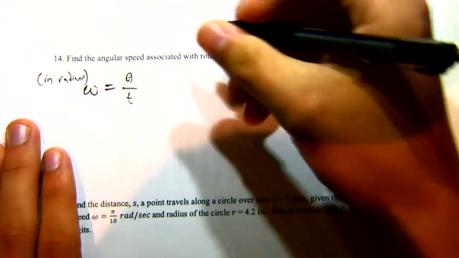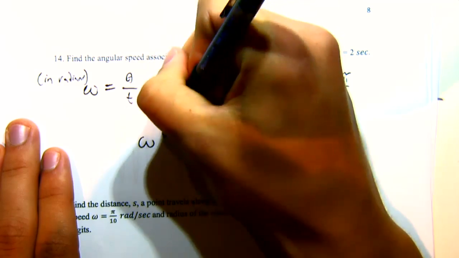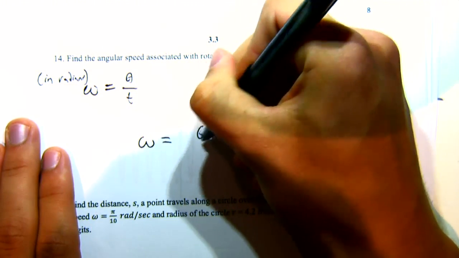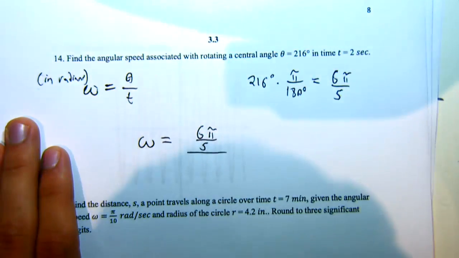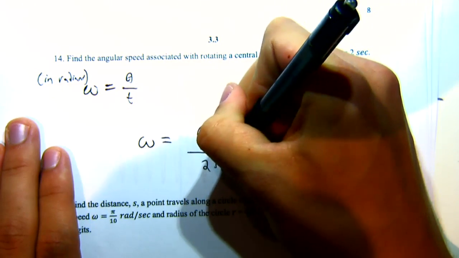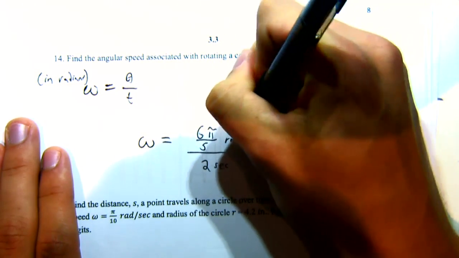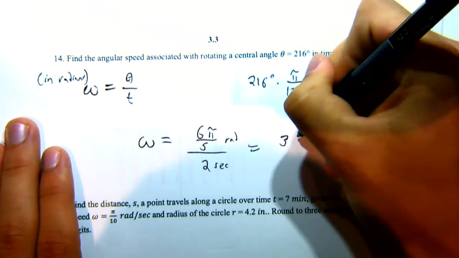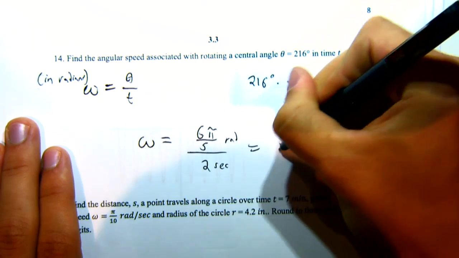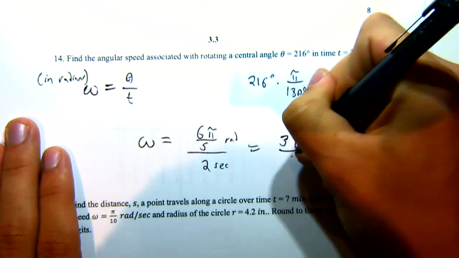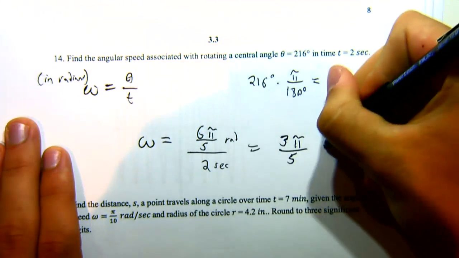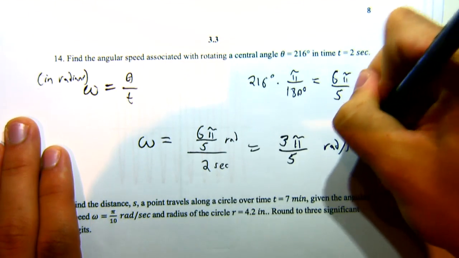Alright? So then we know that omega is equal to 6 pi over 5 divided by 2 seconds. So our answer ends up being 3 pi over 5 radians per second.